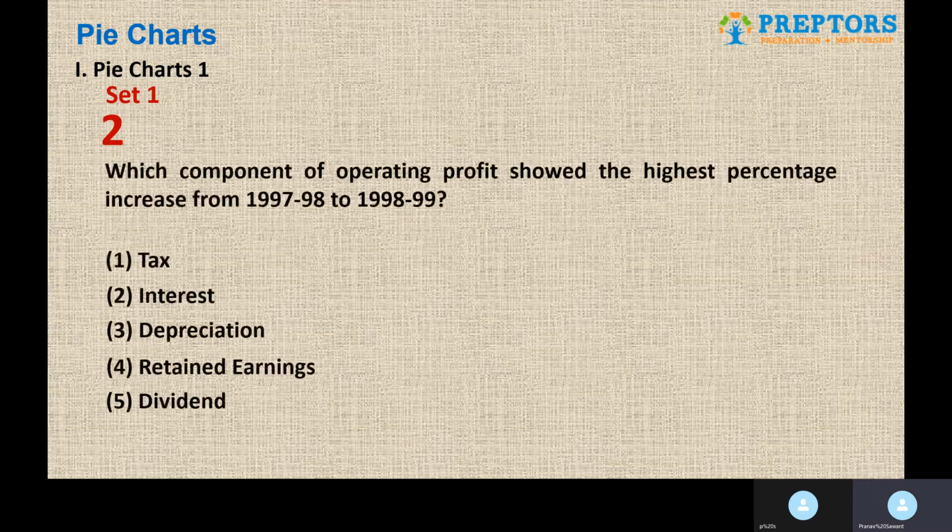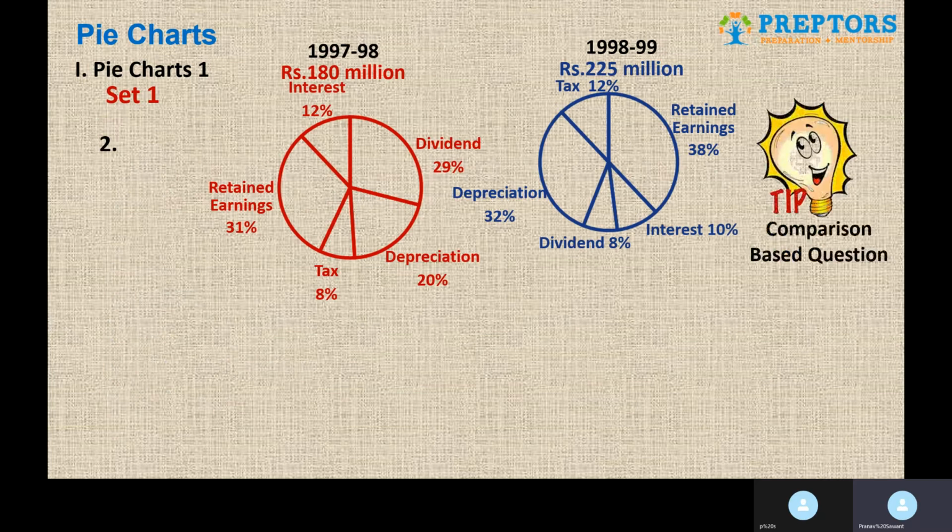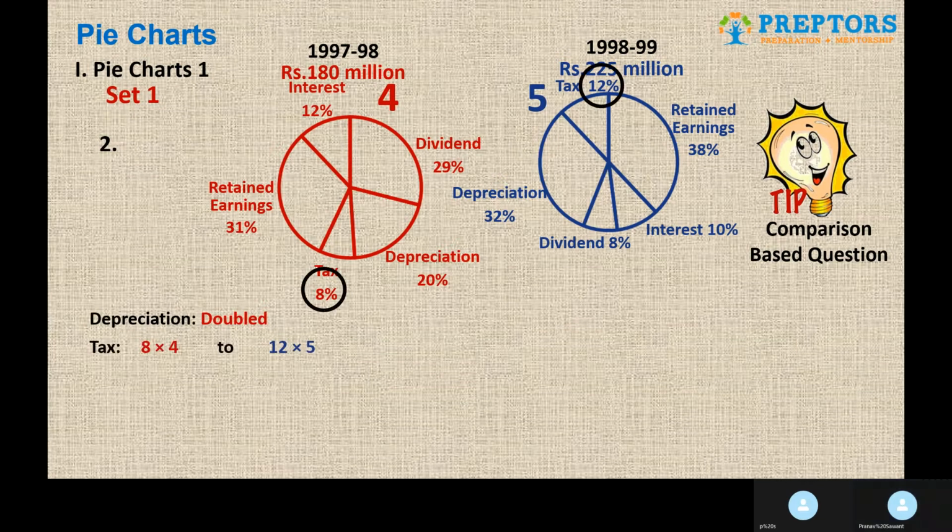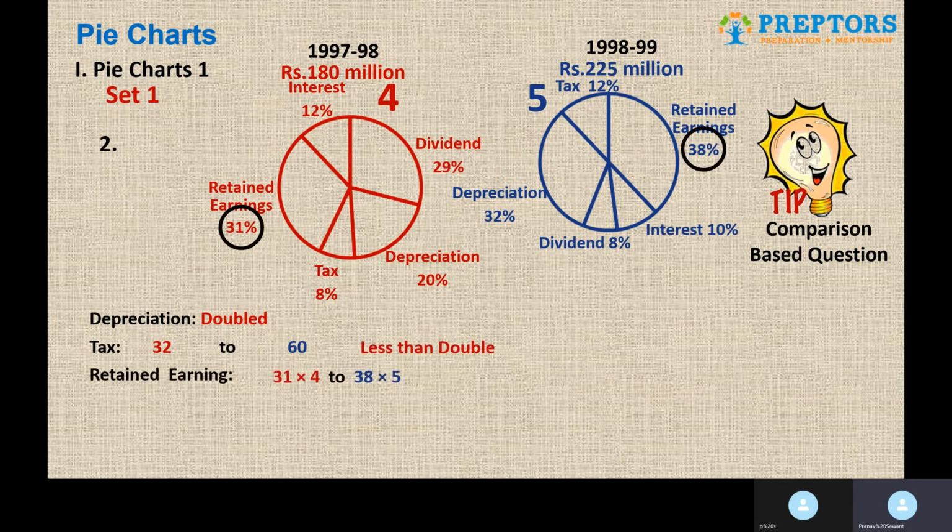Moving to next question. Which component of operating profit showed the highest percentage increase from 97-98 to 98-99? We have to find the highest percentage increase. Now this is again a comparison-based question. So for depreciation, it has doubled. For tax, it went from 32 to 60, which is not double of 32, less than double.